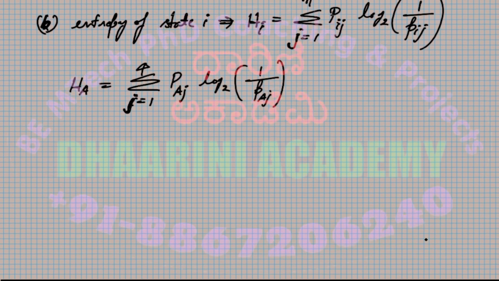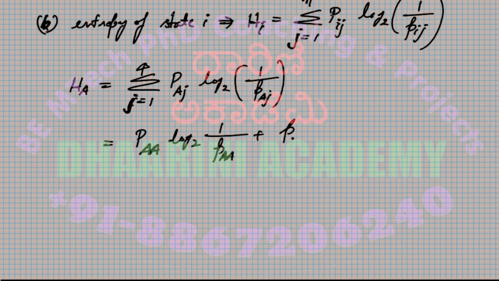I'll expand that. In the given state diagram, we have 4 different states, correct? The first one is the probability of moving from A to A, log to the base 2 of 1 divided by the probability of moving from A to A, plus the other options.